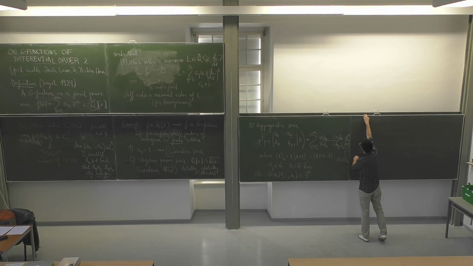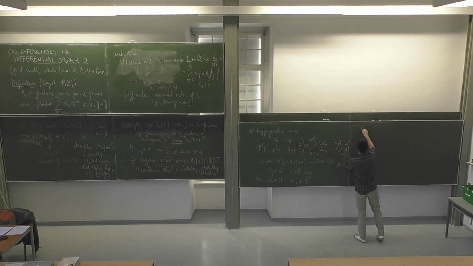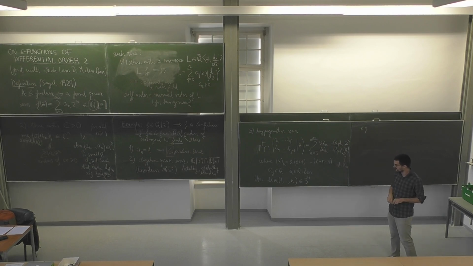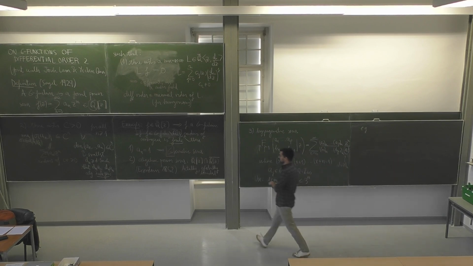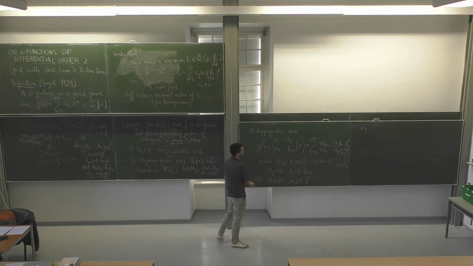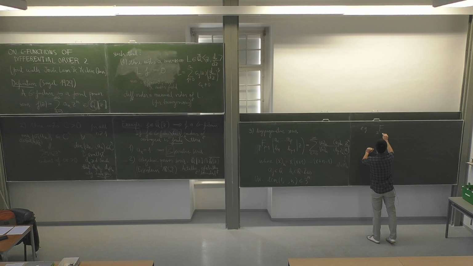So let me give you an example inside the example, and then this will allow me to do the transition to the other meaning of the letter G. This is the most classical example: a hypergeometric function where p is equal to 2, and the parameters are 1/2, 1/2, 1.